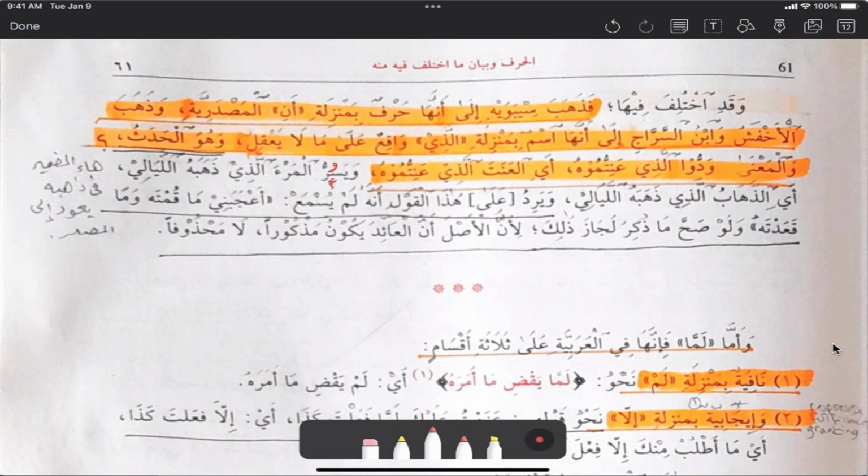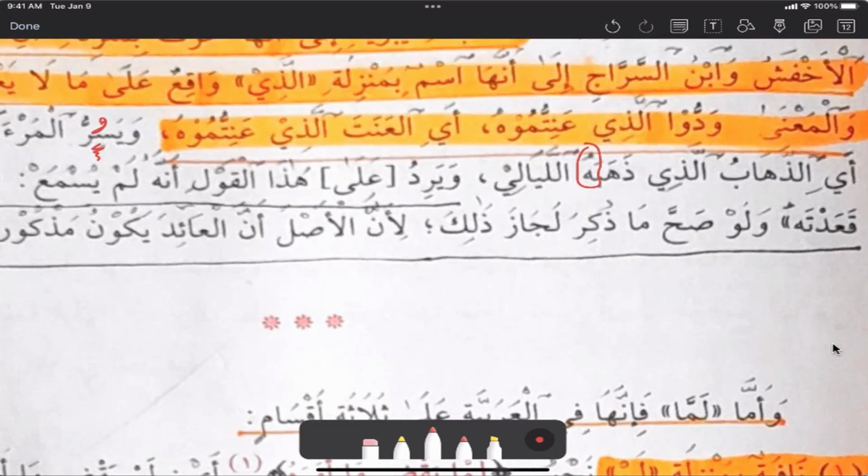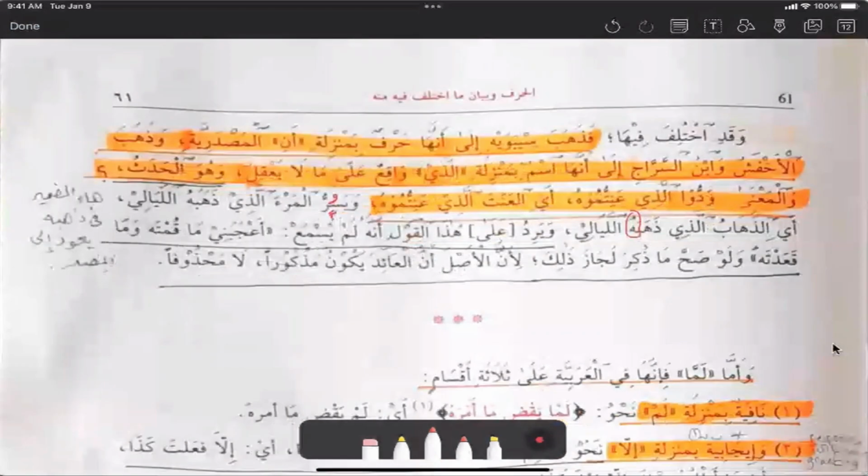So the way the Arabic is able to put this pronoun here on ذهب doesn't really show up in English. ويرد على هذا القول أنه لم يسمع أعجبني ما قمته وما قعدته.